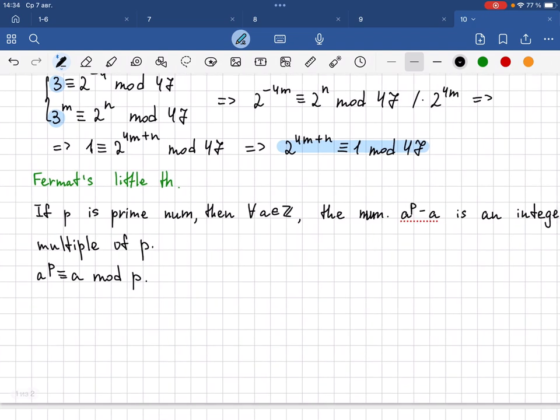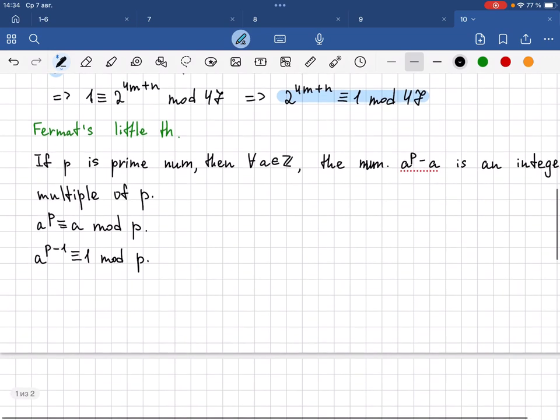And this theorem is also equivalent to the statement that a to the power of p minus 1 is an integer multiple of p. Therefore, a to the power of p minus 1 equals 1 mod p. So these are two equivalent statements.